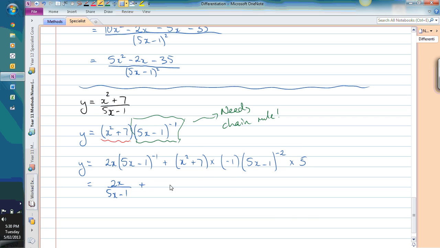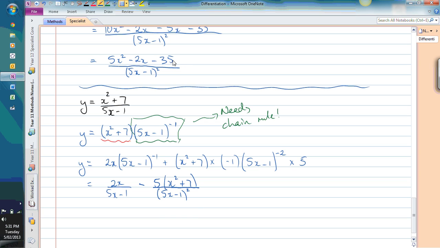So that's going to become negative 1 times 5 is negative 5, so it's going to be negative 5 times x squared plus 7 in the numerator. And this part here is going to end up in the denominator. My 5x minus 1 squared, I've put it in the denominator, so it's no longer a negative index.